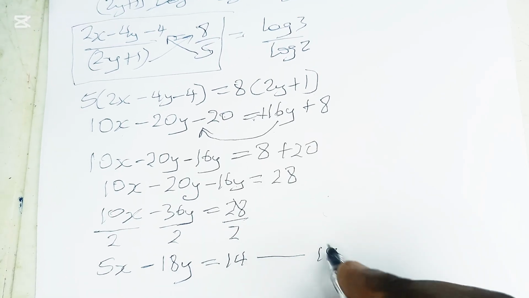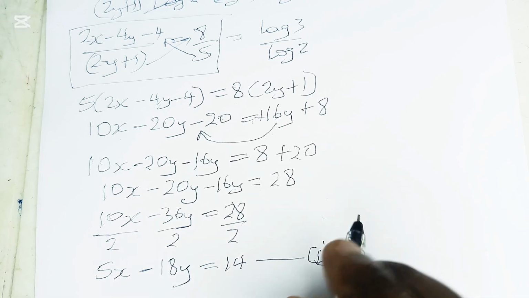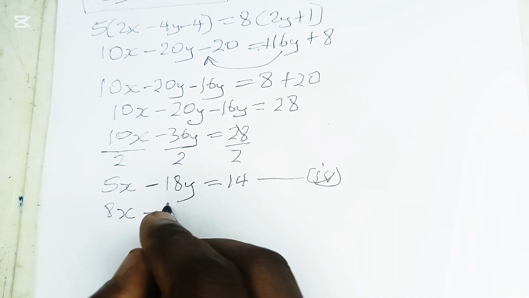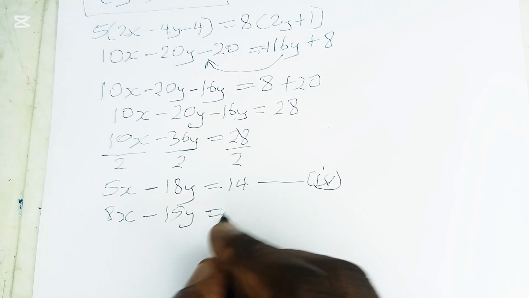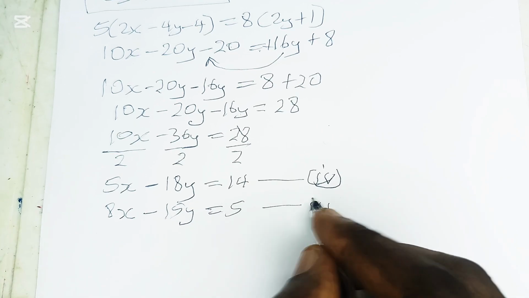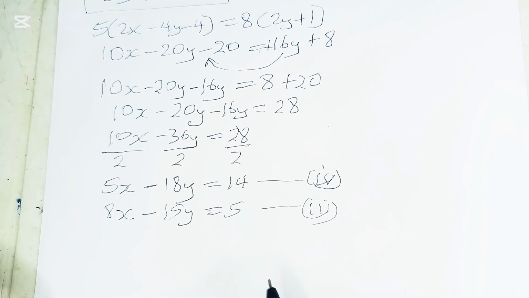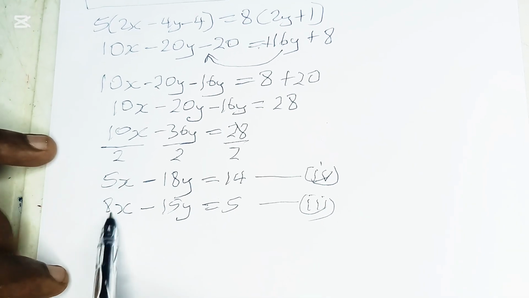Let's call this equation 4. Minus 15y is equal to 5. That's equation 3.